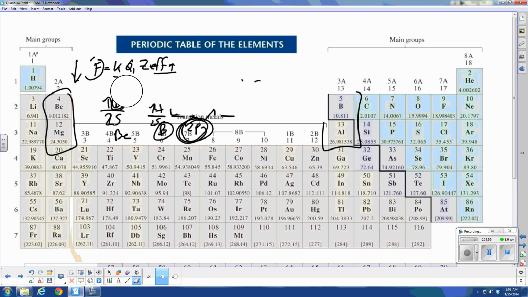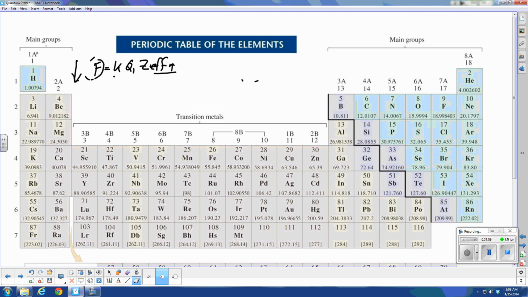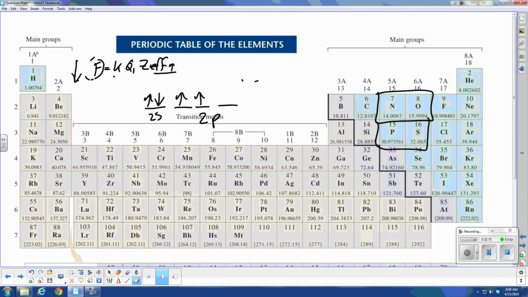Now, the next exception to the trend is right here between nitrogen, oxygen, and phosphorus and sulfur. When we look at nitrogen, it is 2s2, 2p3, with one electron in each p orbital.